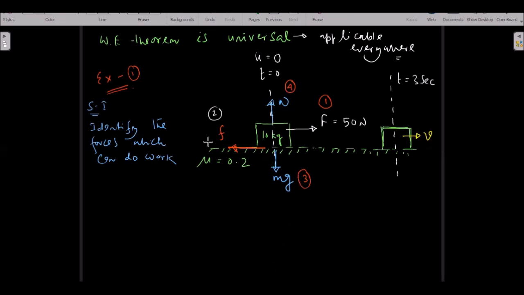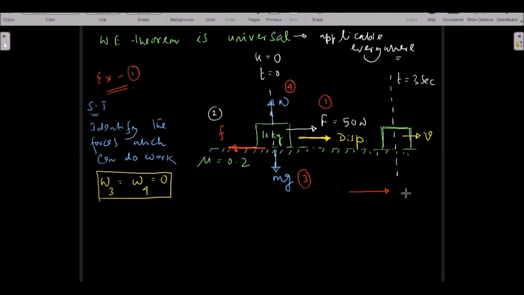Now you see, displacement of this body is in the rightward direction. This is displacement. So if that is the direction of displacement, tell me one thing, can I write work done by third force and work done by fourth force is equal to 0? Is it okay? Why?